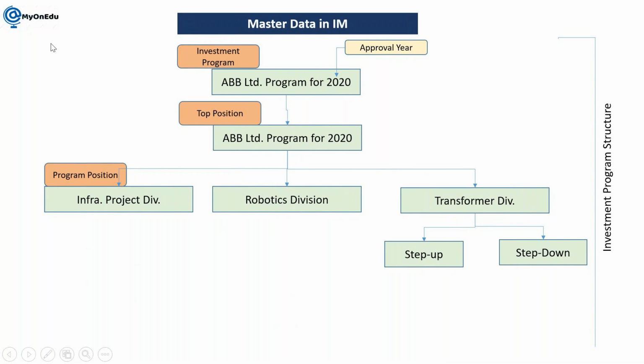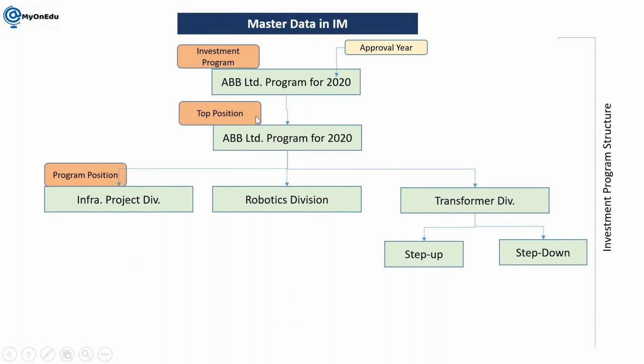We call it an investment program structure. Looking at this slide, you can easily see these are my different divisions. Whatever requirement comes is considered within the same division, and then goes to the next level for approval.